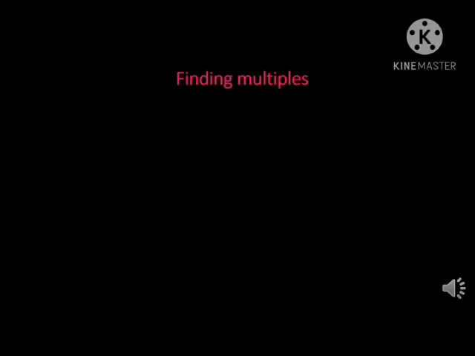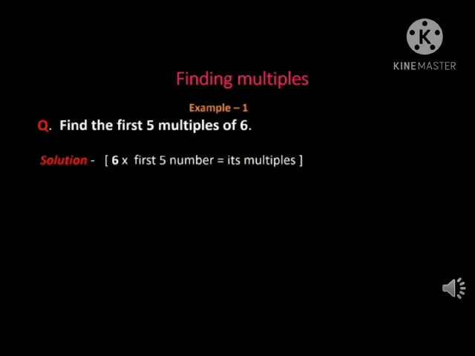Now let us find the multiples of a number. Here question is find the first 5 multiples of 6. Let's solve them. From the definition, we can multiply the given number 6 with first 5 numbers and get its multiples.